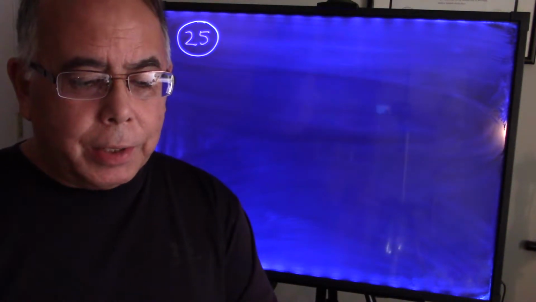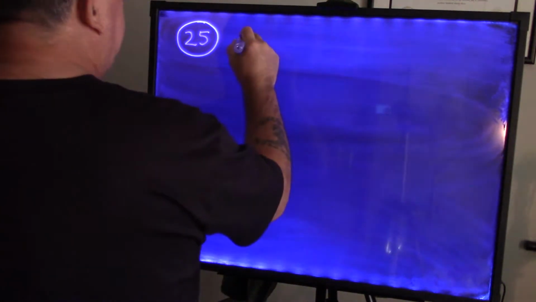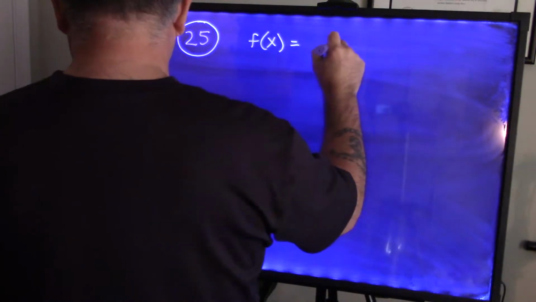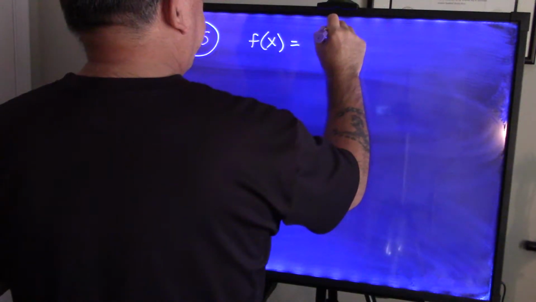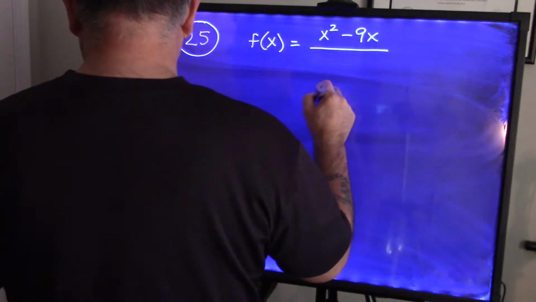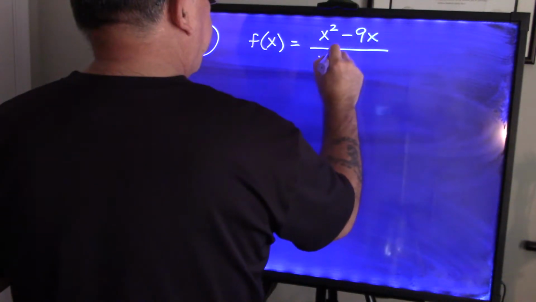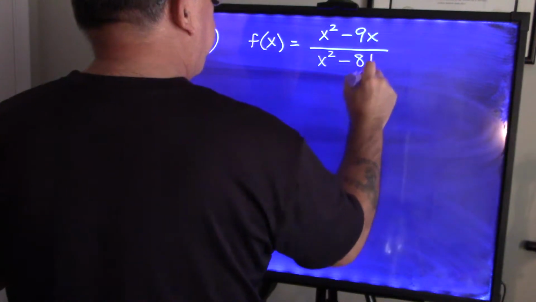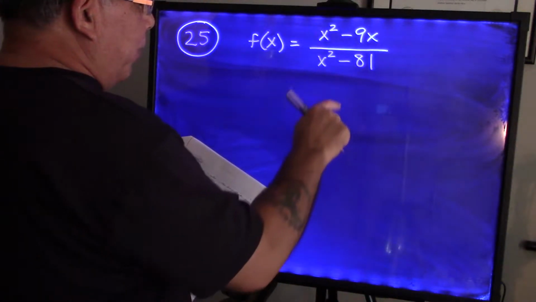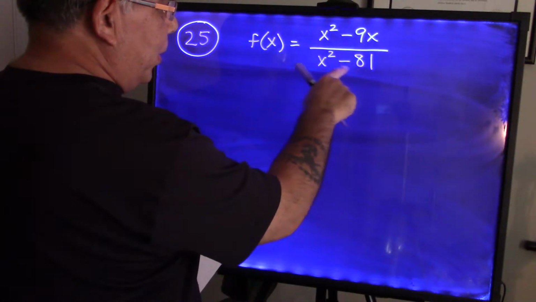Okay, number 25. We have f of x is x squared minus 9x over x squared minus 81. So the only thing we have to worry about on this function is zero denominator.